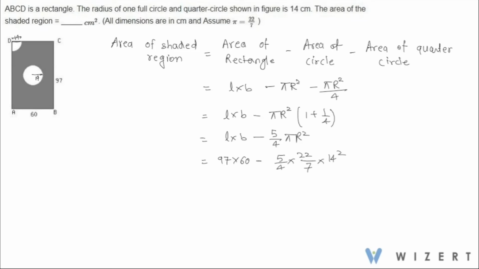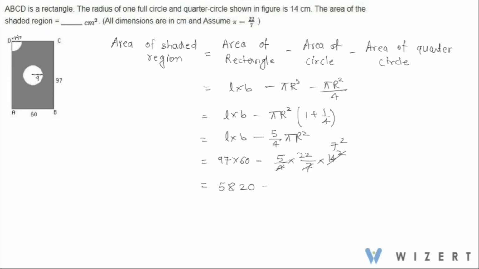So this is going to be equal to, let's see, 7 6 are 42, 9 6 are 54 plus 4 is 58, so 5820 minus, this 4 will cancel out 4 over here and this will have 7 square.